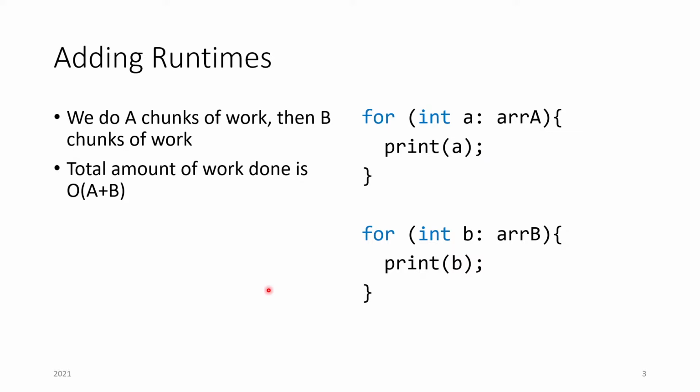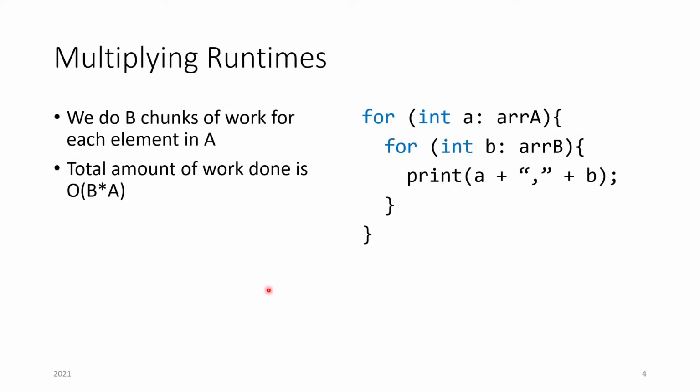That seems very straightforward and simple, right? So that's when we add runtimes together. You multiply runtimes when you have nested loops. Because the outermost loop is going to be responsible for the iterations tracked when each case in B is completed, these two multiply by one another.